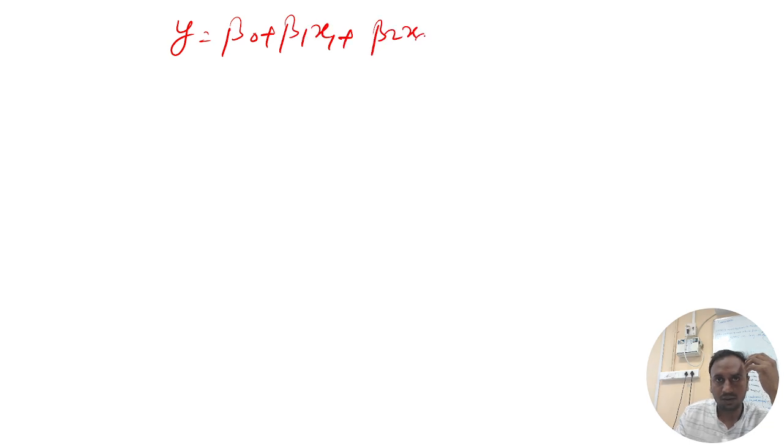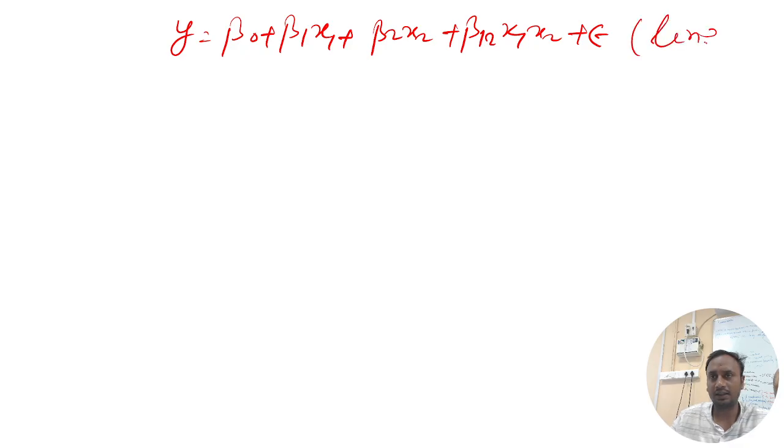Okay, so y is equal to beta naught plus beta 1 x1 plus beta 2 x2 plus beta 1 2 x1 x2 plus error. So this is a linear regression line, called multilinear.